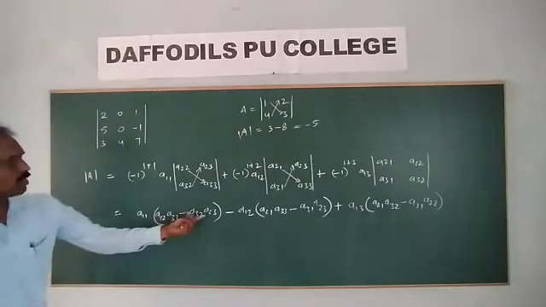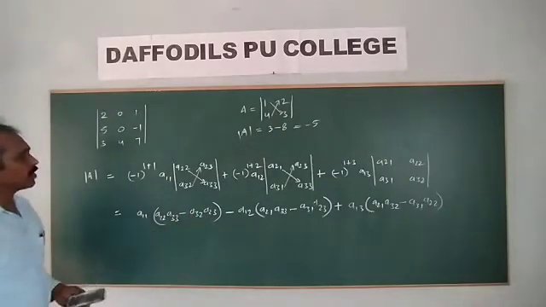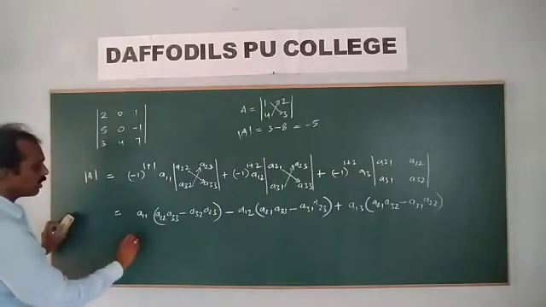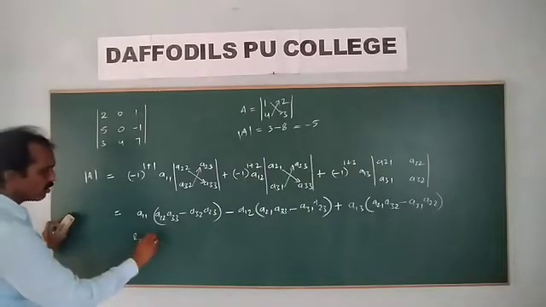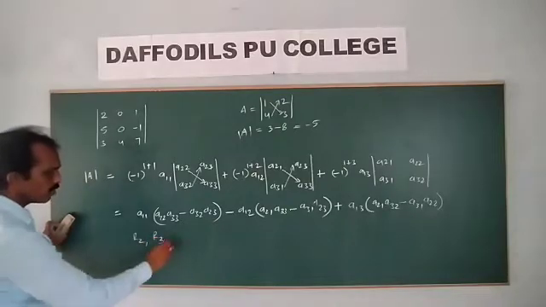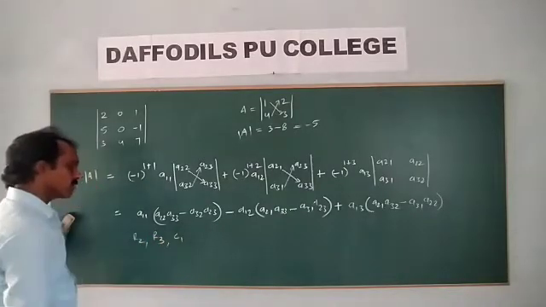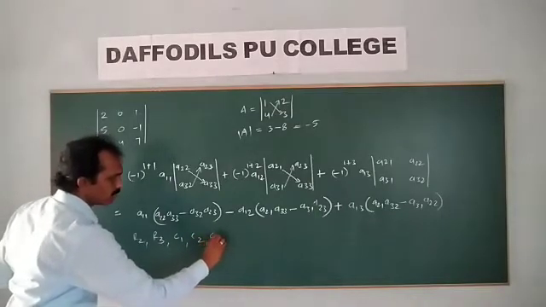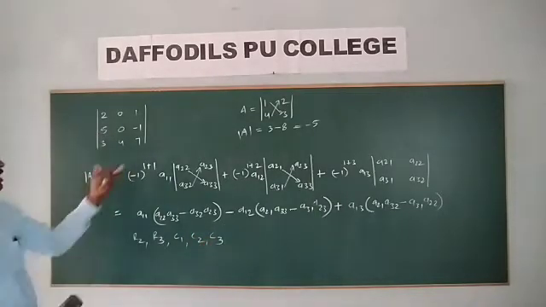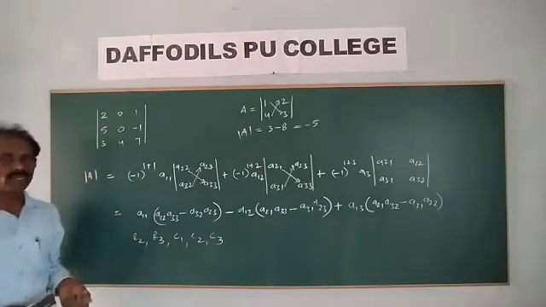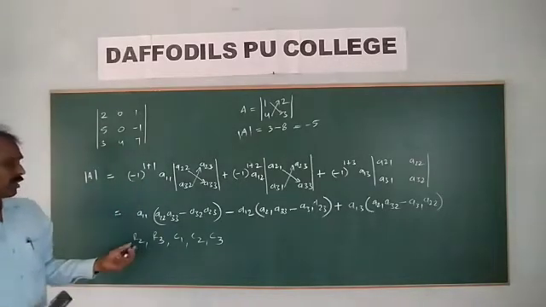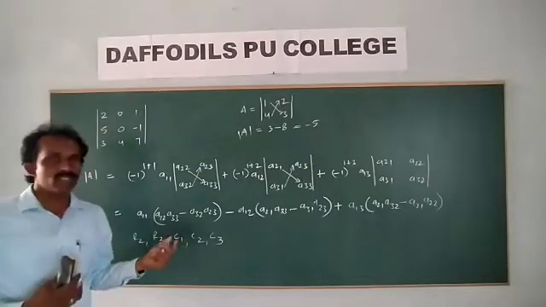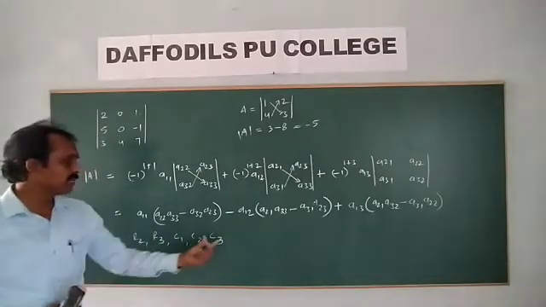The remaining 5 ways: along the second row, along the third row, along the first column, along the second column, along the third column. Total 6 ways to solve the determinant of a 3 by 3 matrix. So you can take the determinant with respect to any one, the answer will be the same.